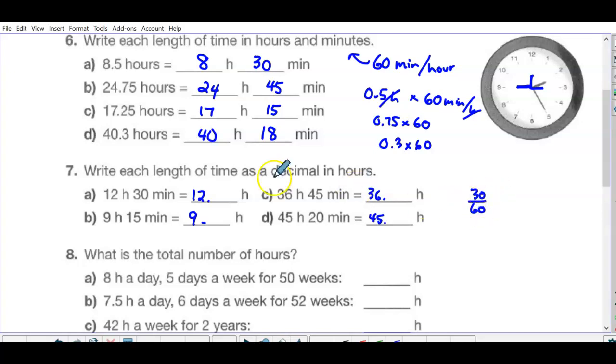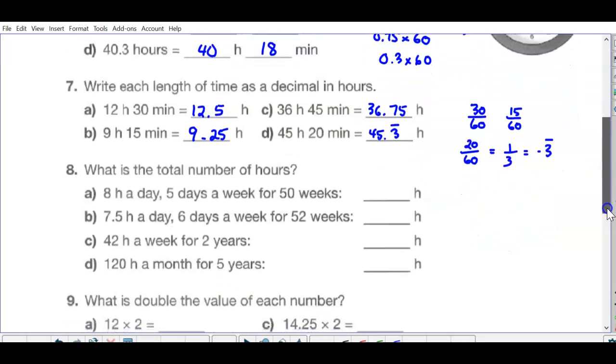Hopefully you remember that 30 minutes is half an hour, so that's 0.5. 15 minutes out of 60 is a quarter of an hour, so 0.25. 45 minutes is 3/4 of an hour, 0.75. 20 minutes out of 60, so that gets you to the 4, from there to there, really divides that into 3 parts, right? So that's 1/3, which is 0.3 repeating.